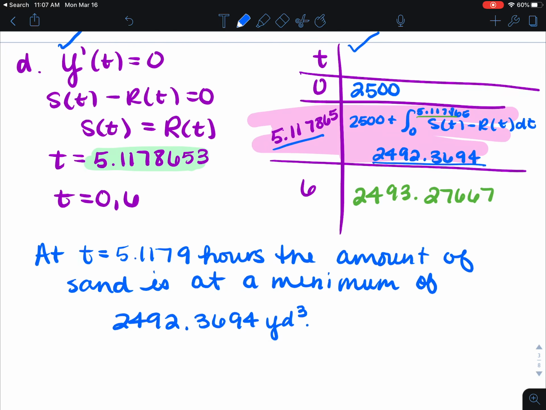And you don't actually have to give the unit of measure because it doesn't ask for it, but I'm just feeling a little extra today. And so there's your third point.